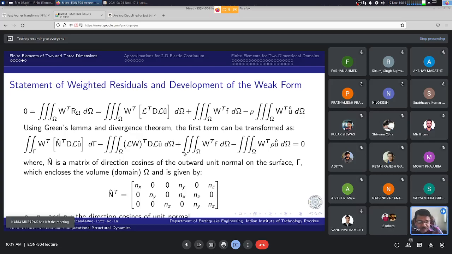But we do not have anything about the variation of acceleration within the domain. Right? How do we evaluate this domain integral if we do not know how the accelerations vary within the element domain?